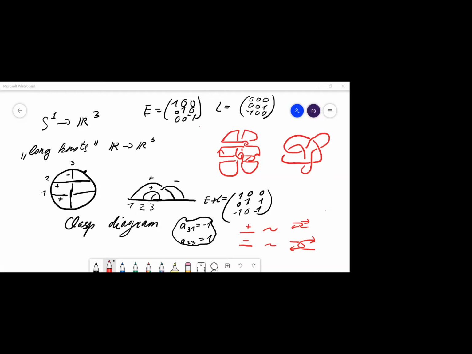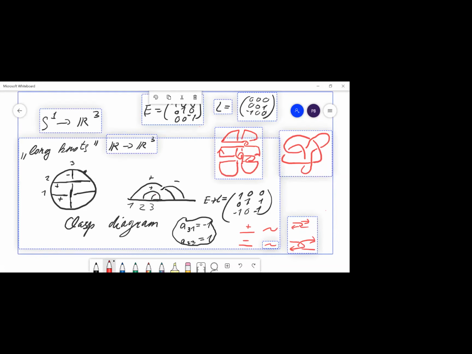And so we have two theorems that we want to prove. I think I will delete everything by now. Is that okay? Okay.